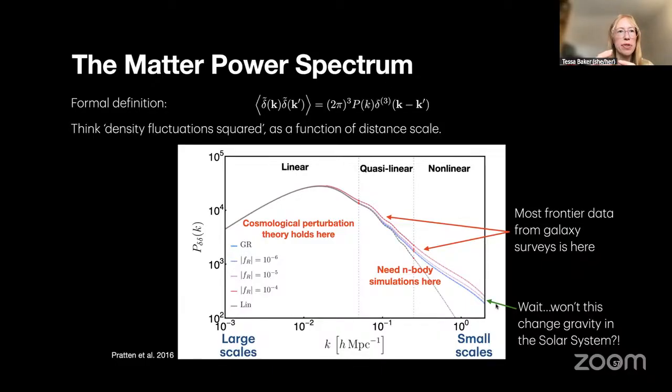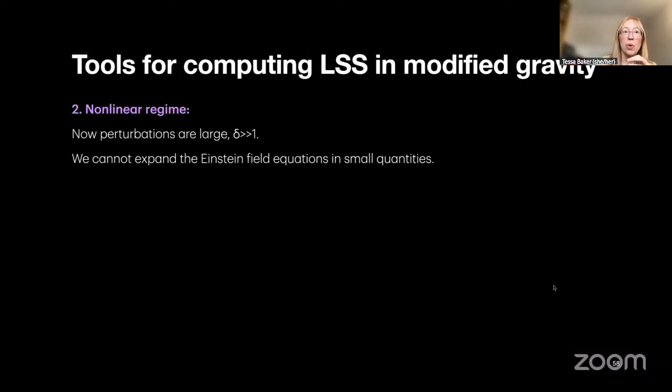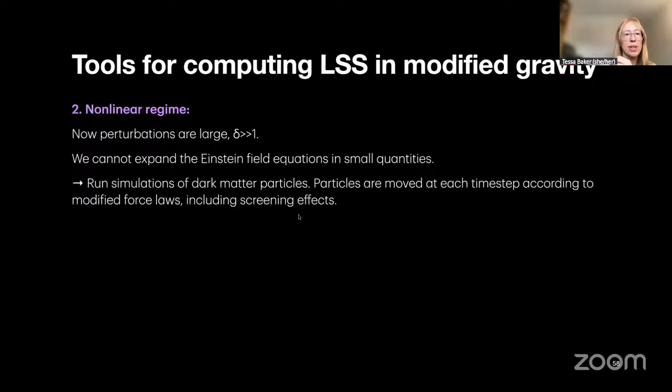Because there are these different screening mechanisms, different gravity theories will switch on and off at different scales. And as we've said, that makes them quite challenging to simulate. So in that nonlinear regime, let's talk a little bit again about computational tools. We're now in a regime where density perturbations are much larger than 1, so we can't expand our Einstein field equations in small quantities anymore.